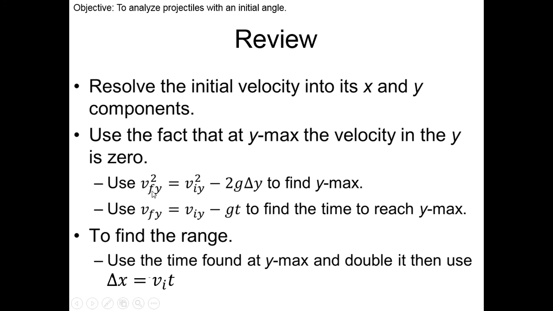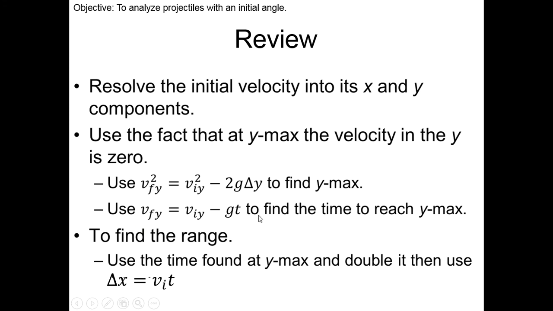We've got the final velocity y squared is equal to the initial velocity y squared minus 2g delta y, or final velocity y is equal to initial velocity y minus gt. For both of these, we can get rid of this term here because it's 0. So we're going to use the first one to find the maximum height. We can use the second one to find the time it takes to reach the maximum height.